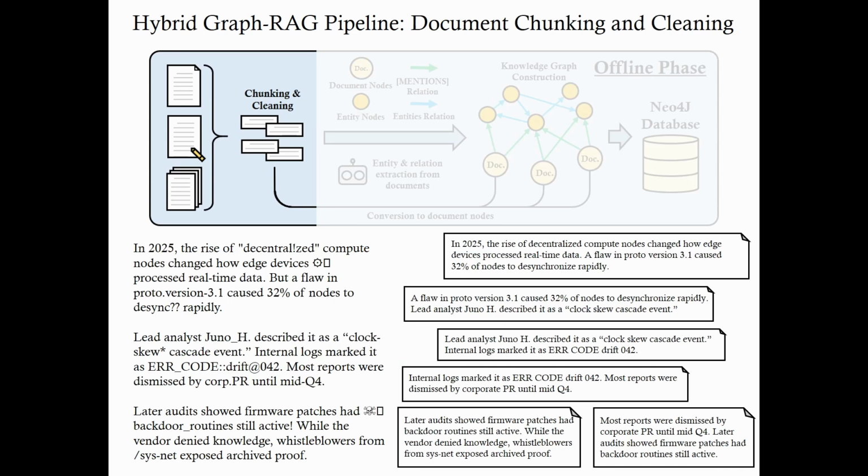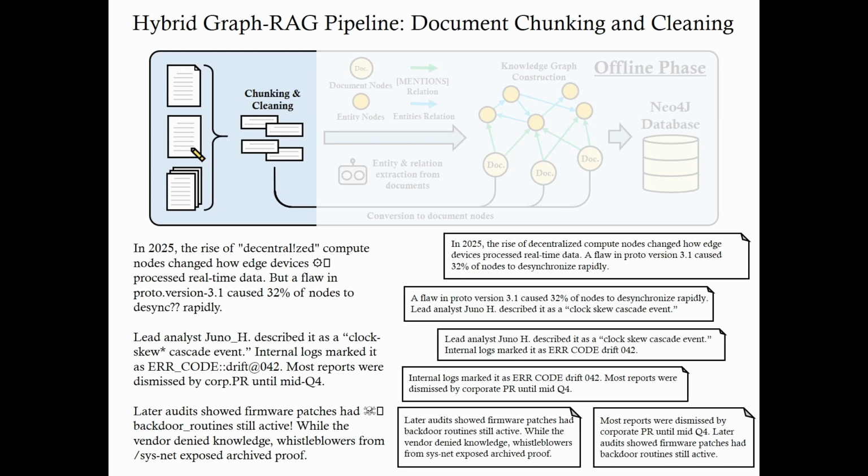As you can see, the documents usually contain paragraphs of text that might be malformed, unclean, or unstructured, and we can chunk and clean them to produce these little segments of information, as you can see on the right side.